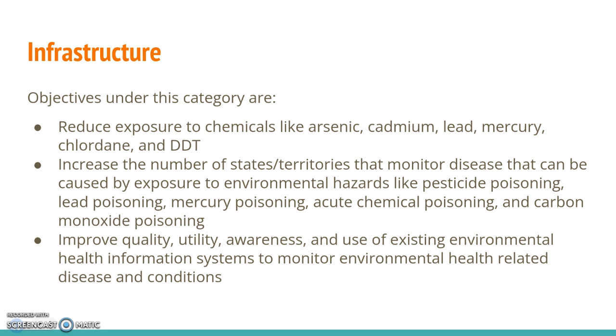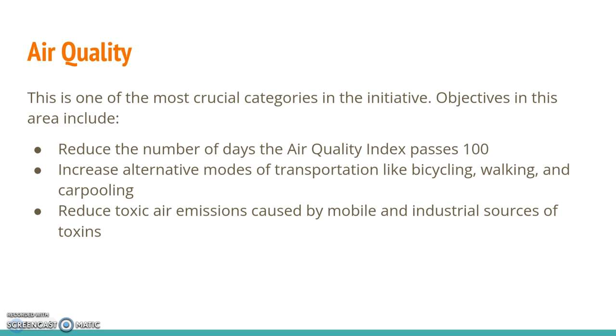In 2010, there were 23 of the states and territories in the United States using an integrated information system that tracked these environmental health concerns. And the goal is to be fully in with all 50 states and territories.